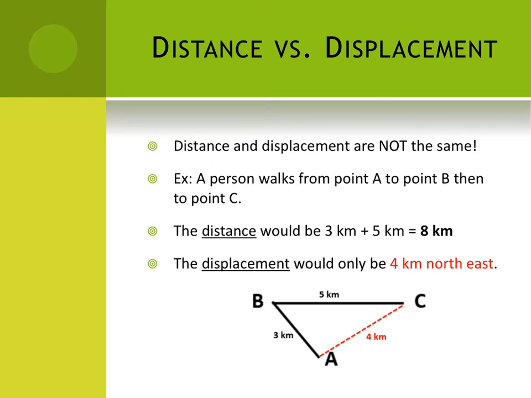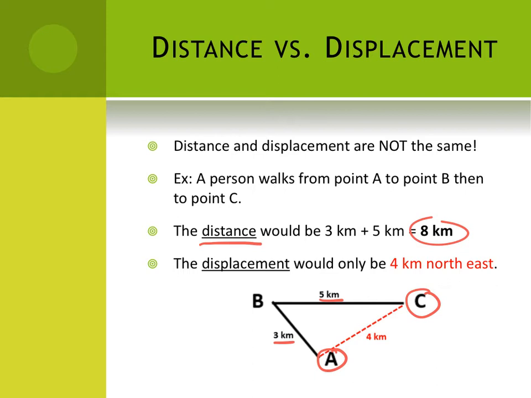So let's look at this example. A person walks from point A to point B, then to point C. So the distance, we calculated that earlier on the slide before, where we added up. So we had 3 kilometers plus 5 kilometers. That would give us 8 kilometers for distance. The displacement, however, we would only look at our initial position and our final position.